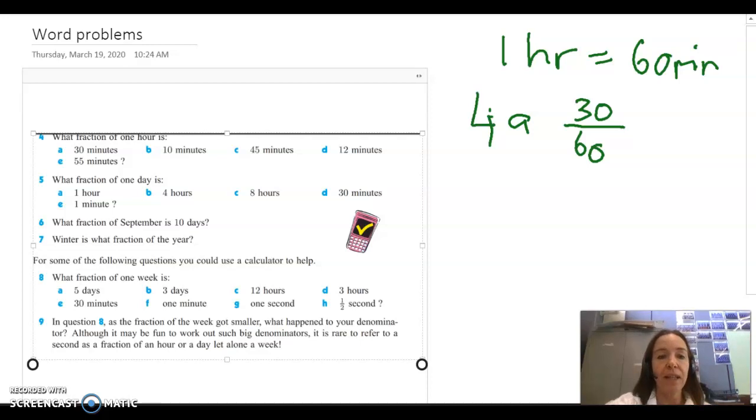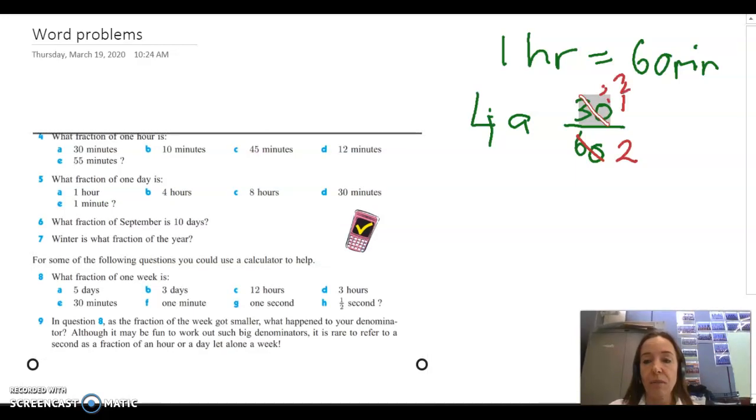Now hopefully you are looking at that and going, I already know that 30 minutes is half an hour. So you can just go straight to, 30 goes into itself once and it goes into 60 twice. You've basically just divided both by 30.